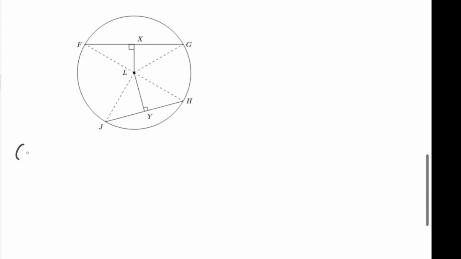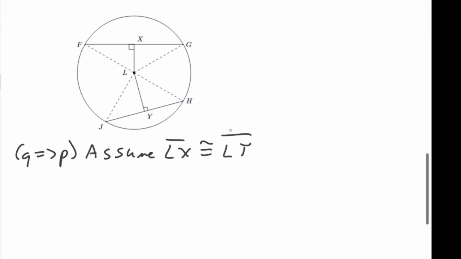We're doing now Q implies P. So we're going to assume in this case that LX is congruent to LY. Now I'm going to be looking at triangle LXG and LYH. And I know LG is congruent to LH because they're radii.